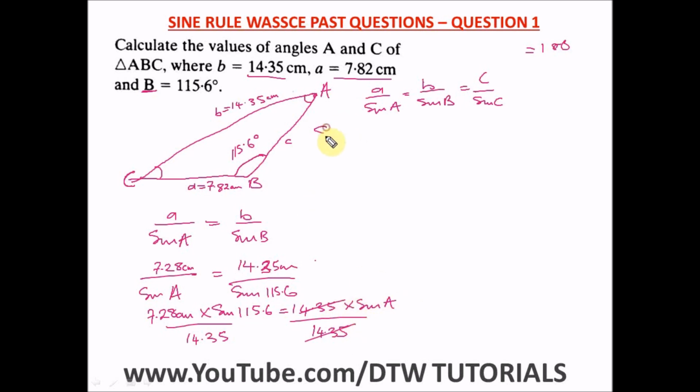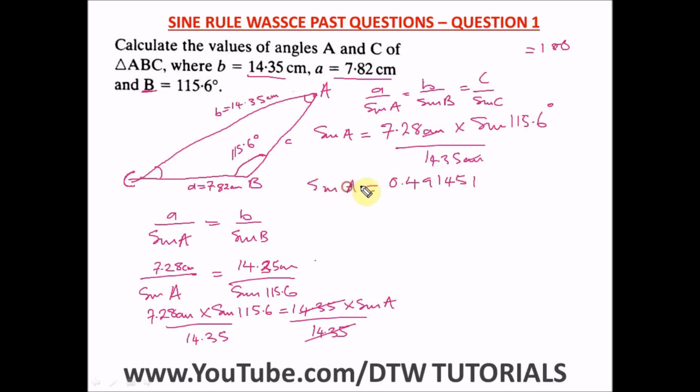So we'll write here sine A is equal to 7.28 centimeter times sine 115.6 degree divided by 14.35 centimeter, where this centimeter will cancel out the centimeter, so we're going to be left with degree. When you punch in your calculator, you should get 0.491451. So we have sine A is equal to this.